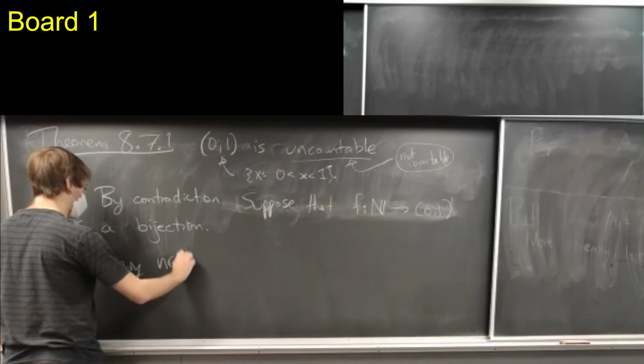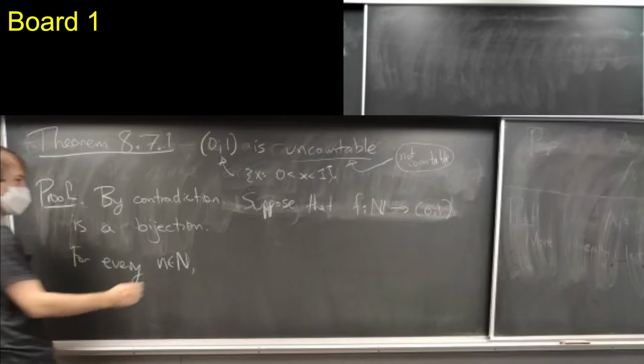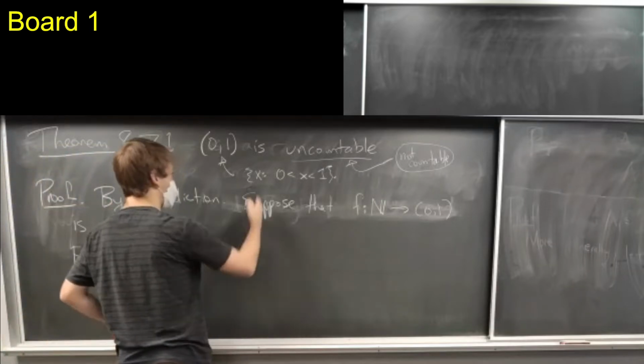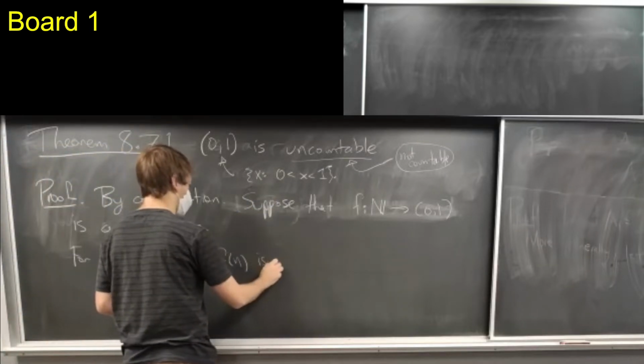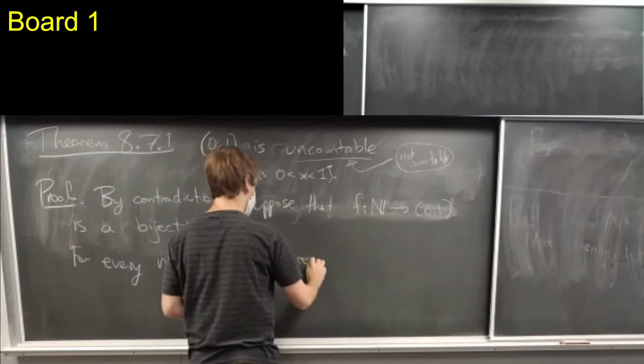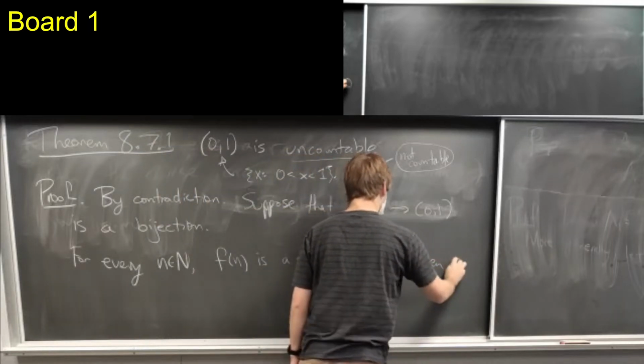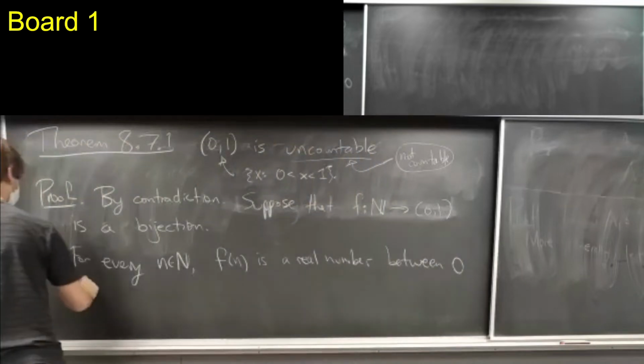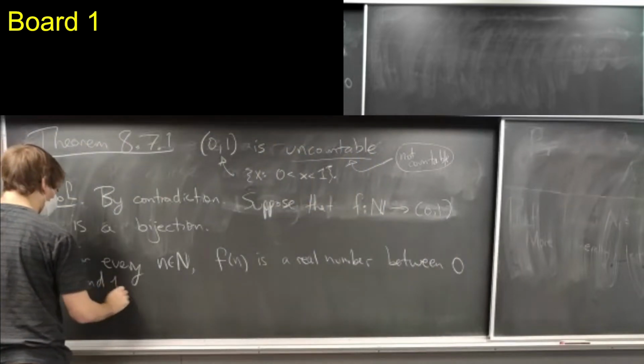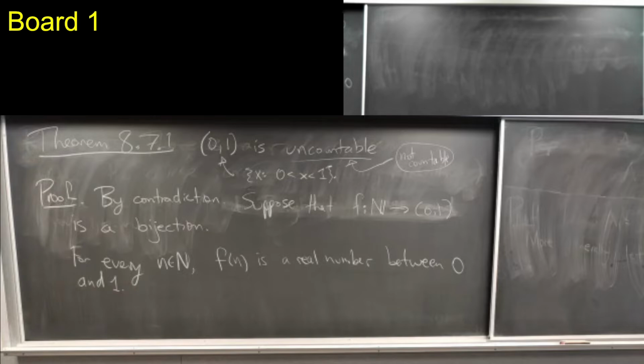For every natural number n, if I take f of n, it's a number between 0 and 1, so it is a real number between 0 and 1. So it must have some type of decimal expansion.